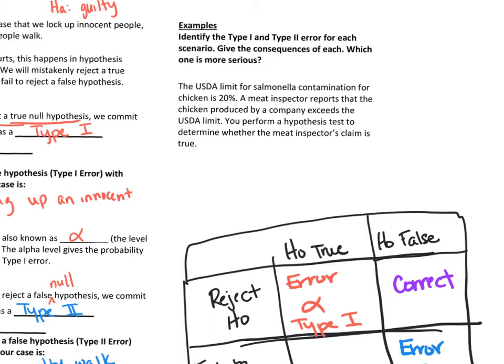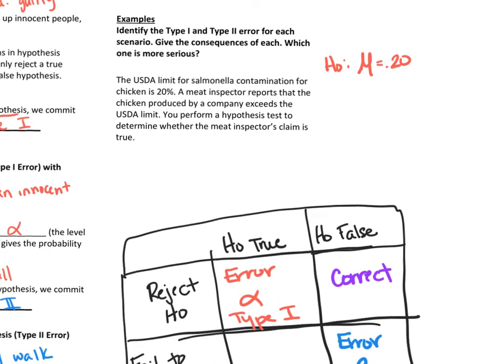You perform a hypothesis test to determine whether the meat inspector's claim is true. So the claim is that it exceeds it. So let's start off by first saying that it doesn't, which means that mu is equal to 0.2. If it's 0.2 or less, this means that the meat itself is safe to eat.